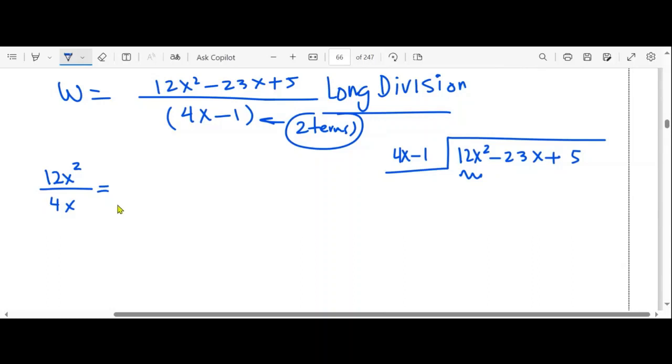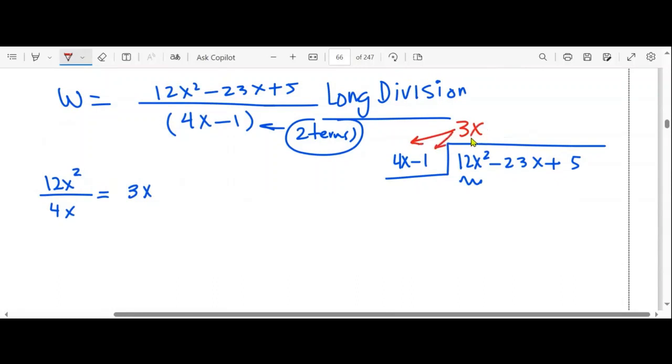Okay. So what should we do here? What are you going to get? 3x. Where do we put the 3x? Over here, right? Then multiply it how many times? 3 times 4, 12x squared. 3 times 1, negative 3x. And what should we do next?